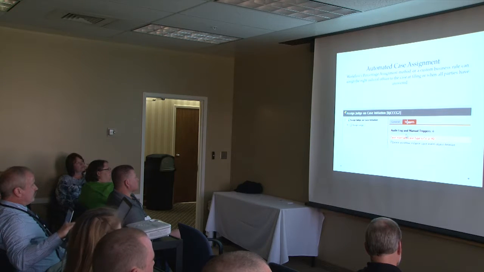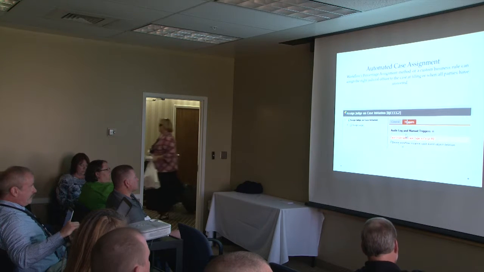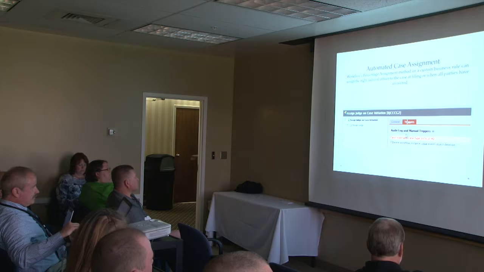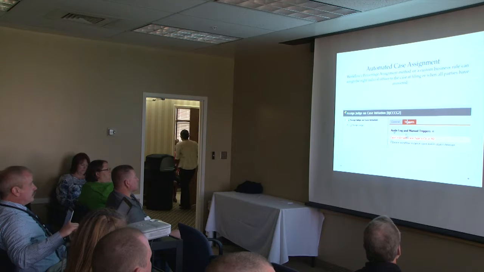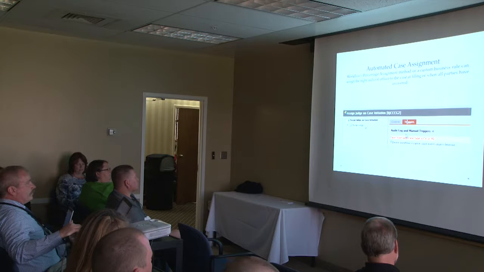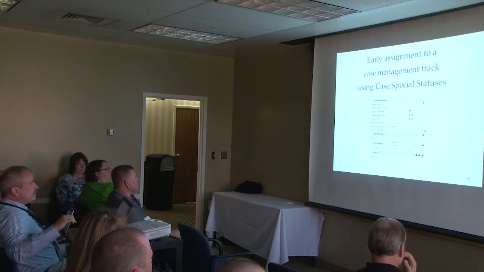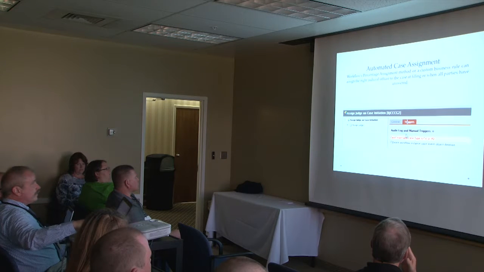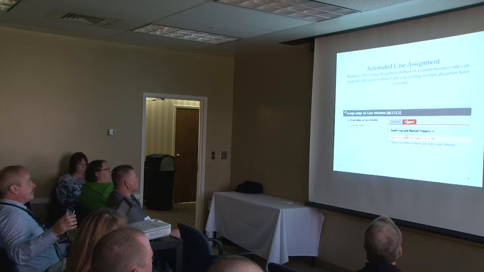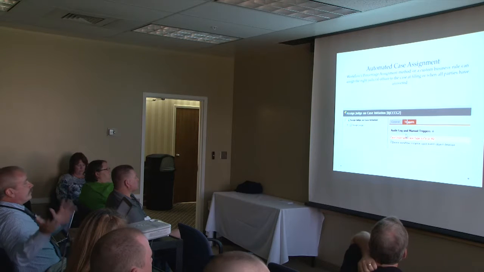Now, notice that the trigger on this workflow is case insert. That means immediately upon filing of a case, if it's civil or protective order, a judge will be assigned. So virtually nothing will be known about the case, at least by the staff who entered it into the system, other than that it was civil or protective order. So that's why I said this is a pretty simple and basic one.